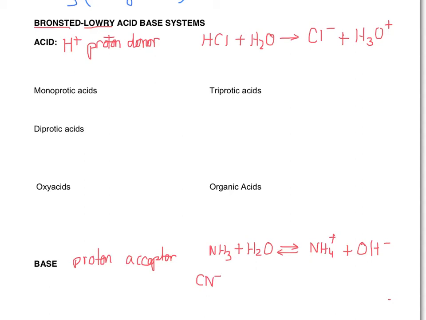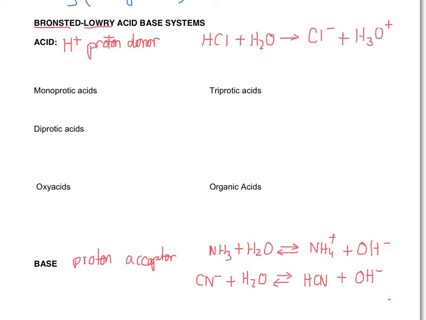Cyanide ion is basic. We know that because when you add it to water, it accepts a proton to become HCN, and then you have OH minus. So an acid is a proton donor, a base is a proton acceptor, according to the Bronsted-Lowry definition.